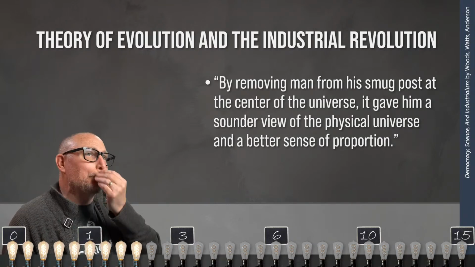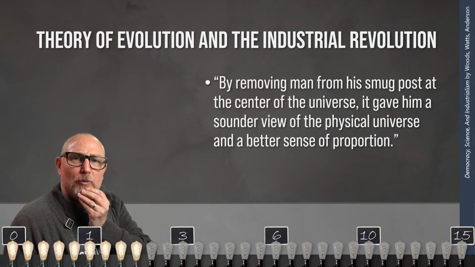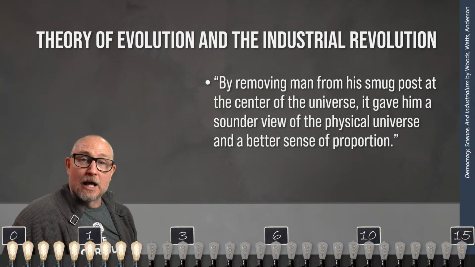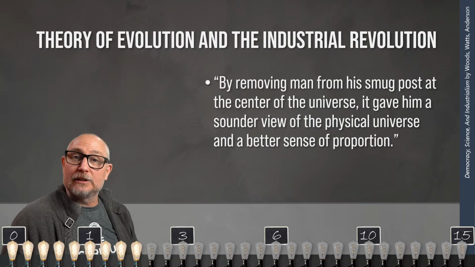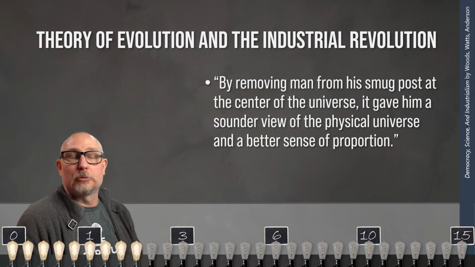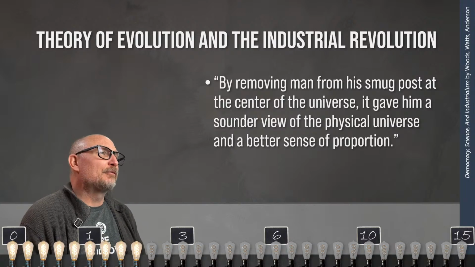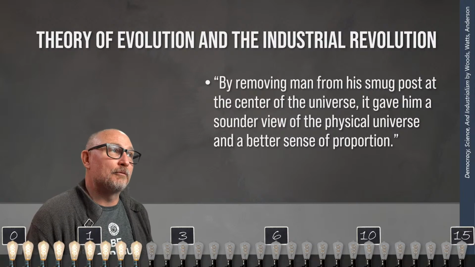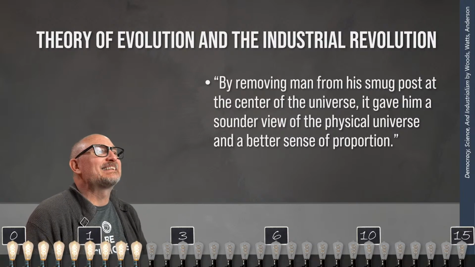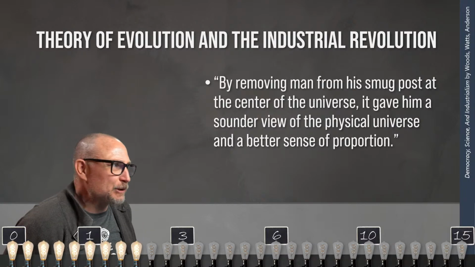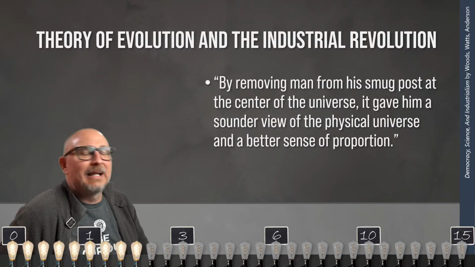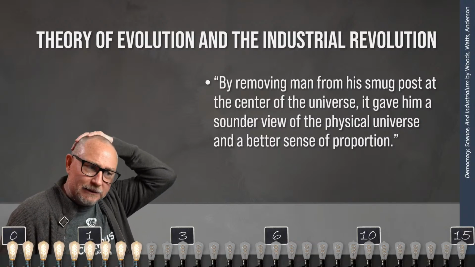And so people started to look at the world a little more critically and skeptically to try to discover new things, right? So it says here from the reading, by removing man from his smug post at the center of the universe, it gave him a sounder view of the physical universe and a better sense of proportion. So let's talk about what that means.